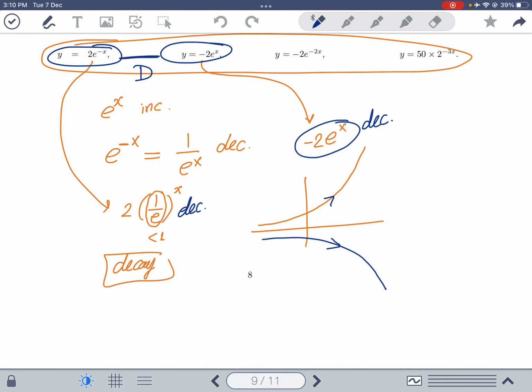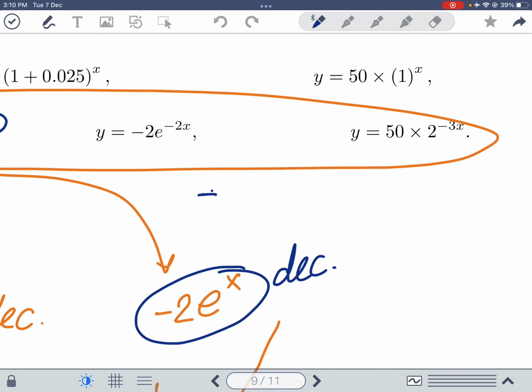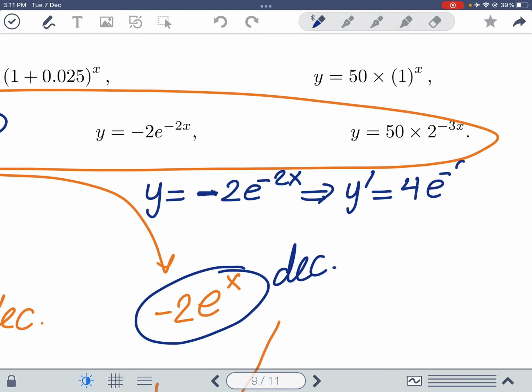Now the third one, minus 2 e to the minus 2x. Let's do another way to check. Let's do y prime. So it will be minus 2 times minus 2, which is 4 e to the minus 2x. If you want to do it in detail, you will do minus 2, and then the derivative of exponential is the same, times the derivative of the exponent, which is negative 2.